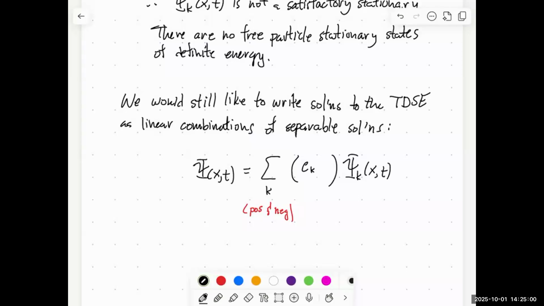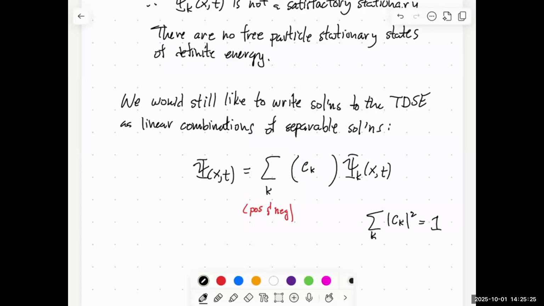But we also had this other restriction. Remember, the Ck's when we did the infinite square well: if I took the sum of the Ck's squared and added them all up, they'd have to equal 1, because each of these told us the probability of finding a particle in a particular stationary state.